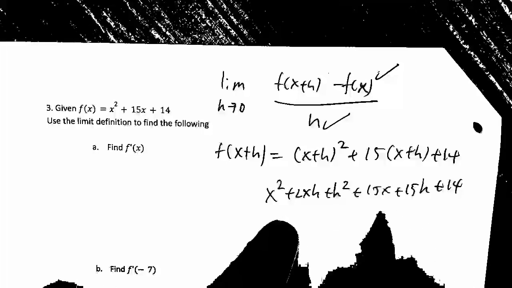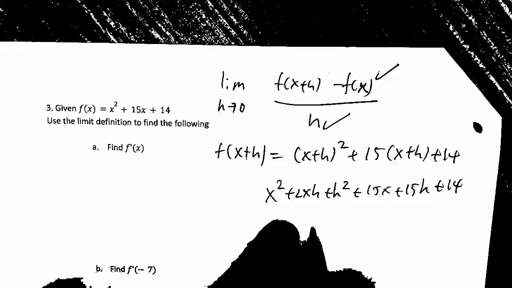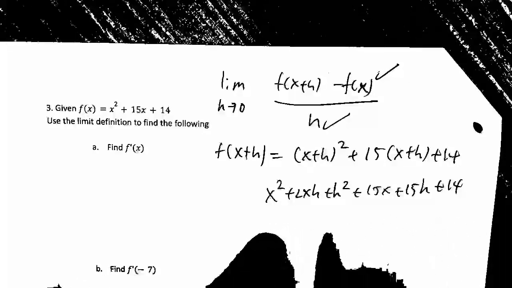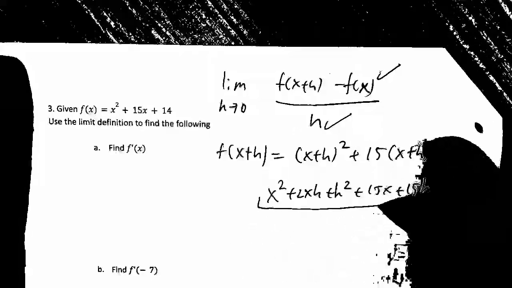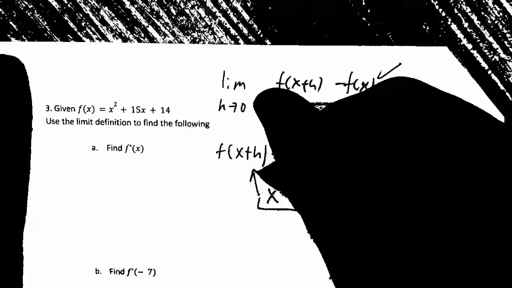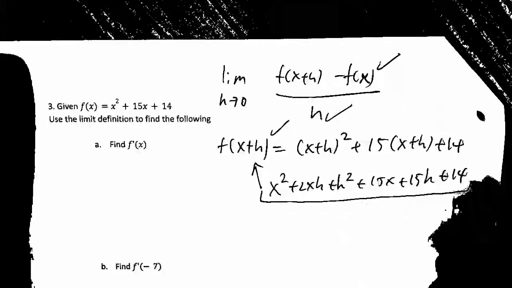Okay, can we combine any like terms here? I don't see any like terms. We're going to leave this like this. So basically this whole thing is f of x plus h. Right, so now I have all three pieces of the puzzle. I can write it out.